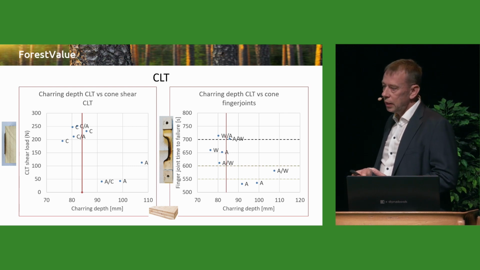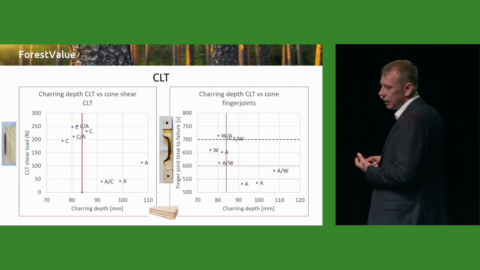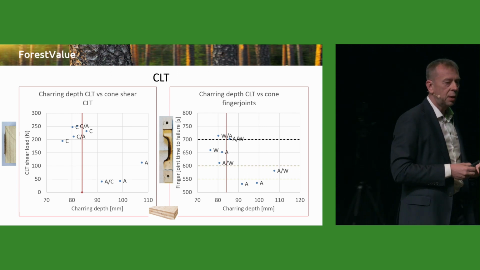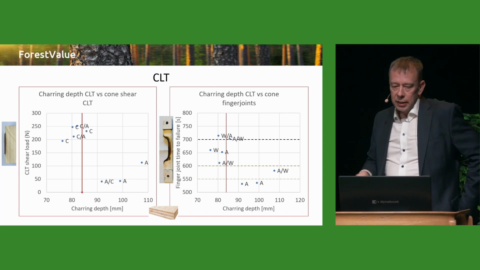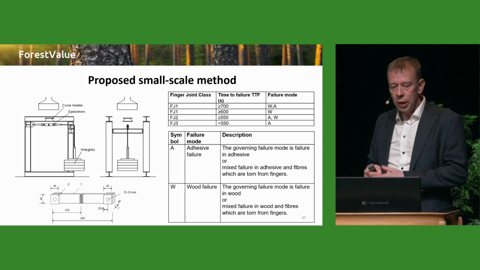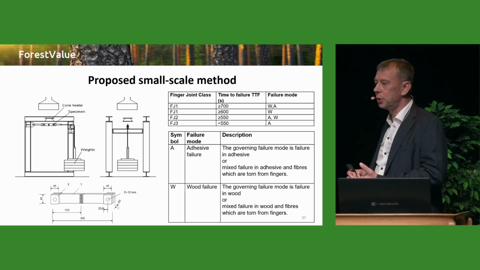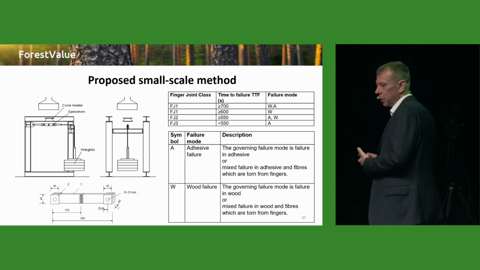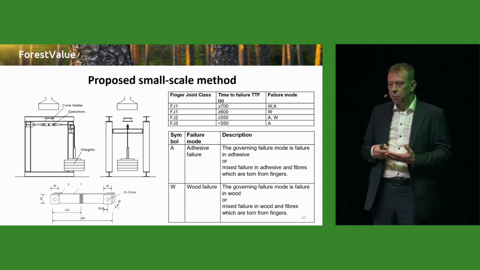And the letters, C or A, mean the failure mode from char or from adhesive, or W means the failure mode of wood failure or adhesive failure. So based on these investigations in small scale, we propose a small-scale method for testing adhesives, for developing adhesive systems for structural purposes.